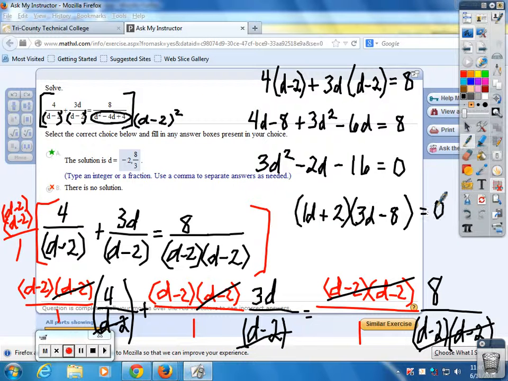So D plus 2, that'd be a minus 2, and 8/3. And negative 2, that's okay. Negative 2 squared minus 4 times 8 plus that looks okay. That should be the answer.